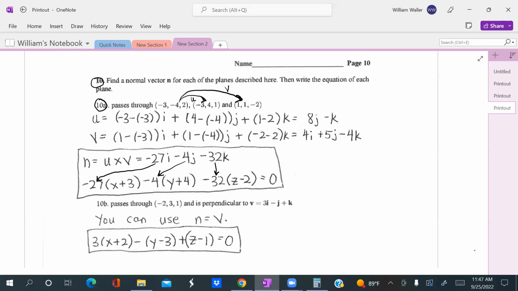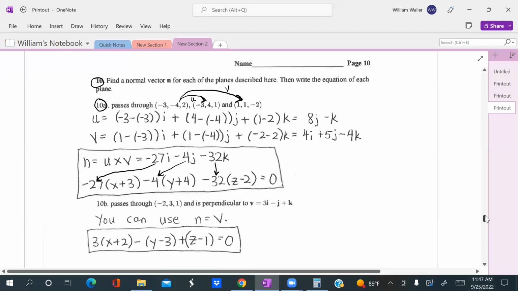It's just that easy to write down the formula for a plane in 3 dimensions. You need to know a normal vector and a point on the plane. Sometimes determining the normal vector or the point is the tricky part, but if you have those 2 pieces of information, you can easily write down the formula for a plane.